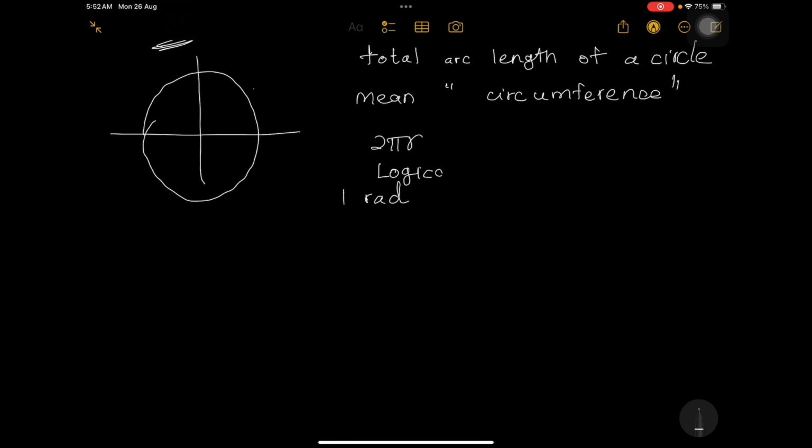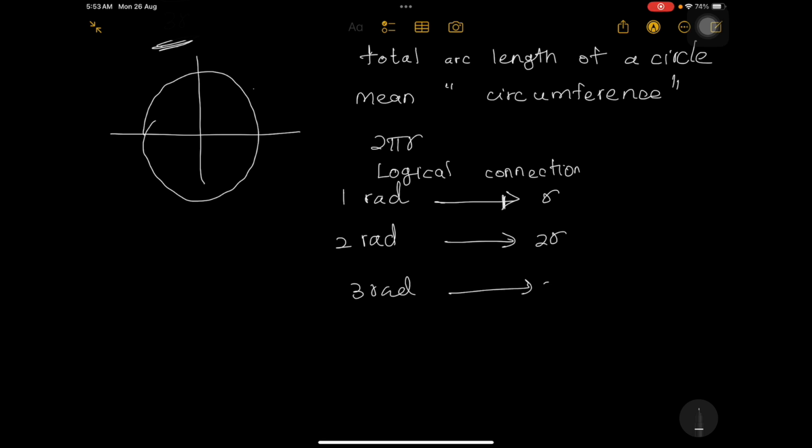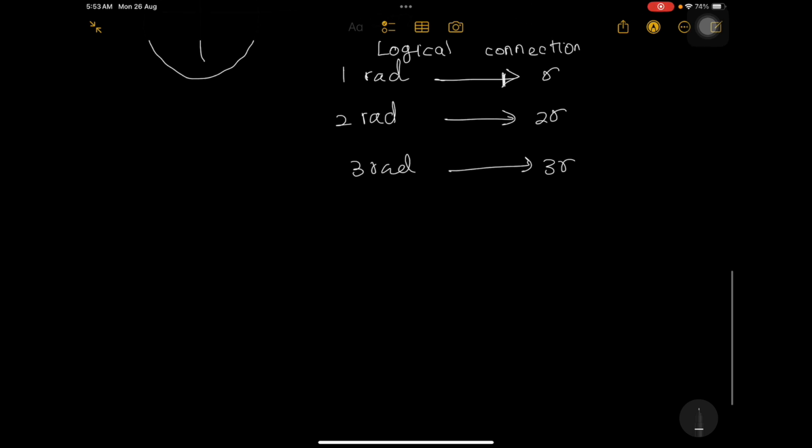Let's make a logical connection from the definition of radian. 1 radian is made with an arc r, 2 radian with an arc 2r, 3 radian with an arc 3r. So for a complete circle, the arc is 2 pi r.